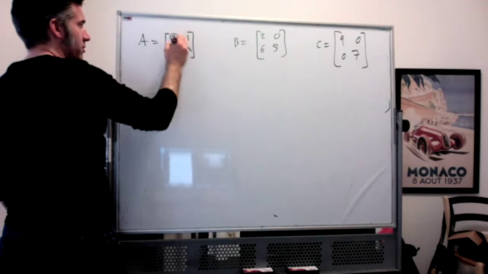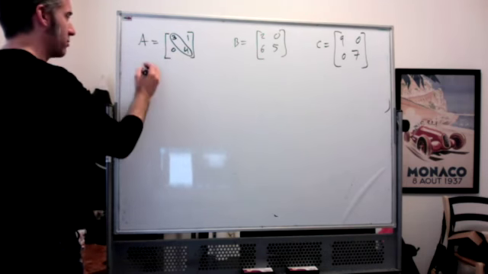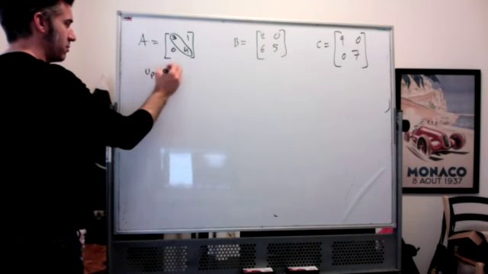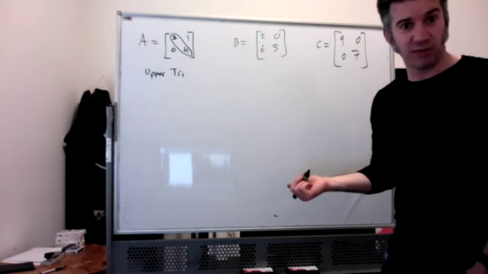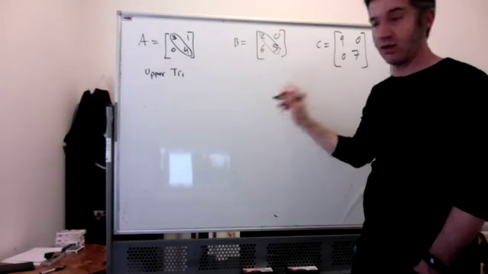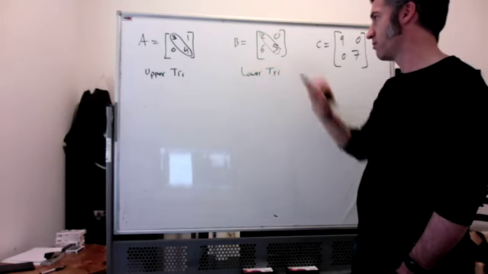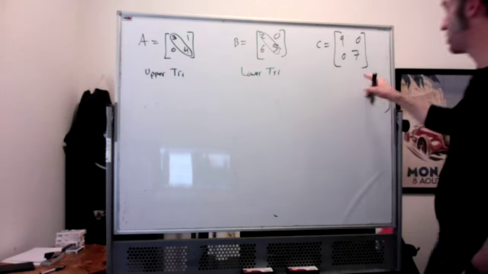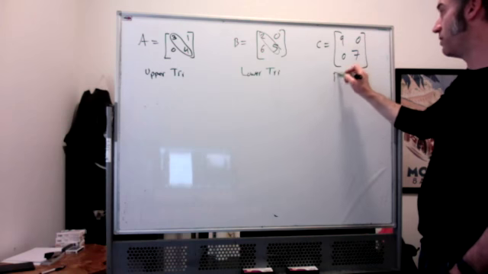This is called the main diagonal. Everything below it is 0. It's upper triangular. This matrix, I don't think you'll be surprised to learn, where everything above the main diagonal is 0, is called lower triangular. And lastly, this matrix where everything that's not on the diagonal is 0 is called diagonal.